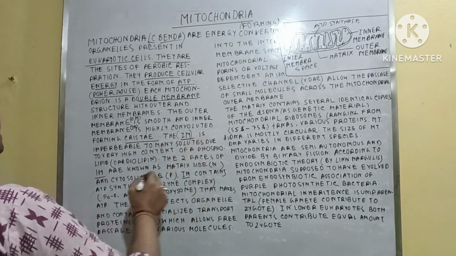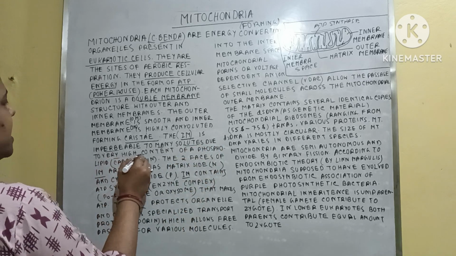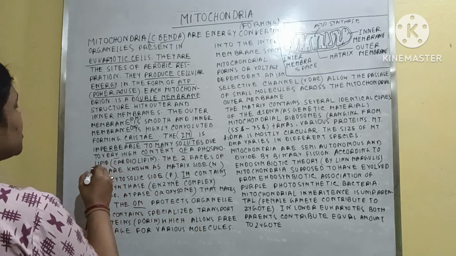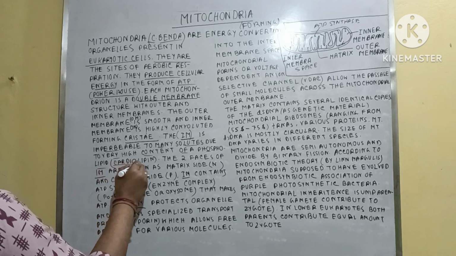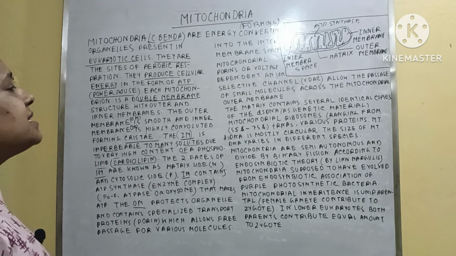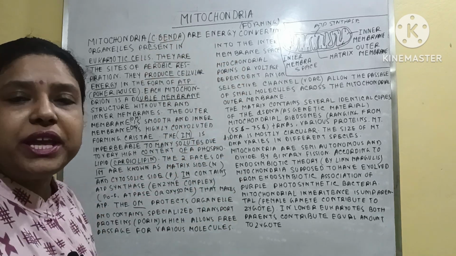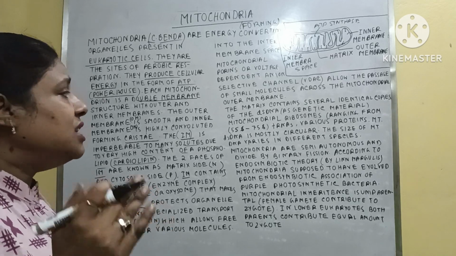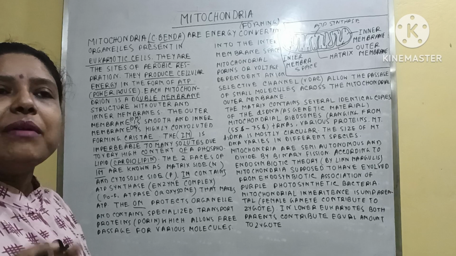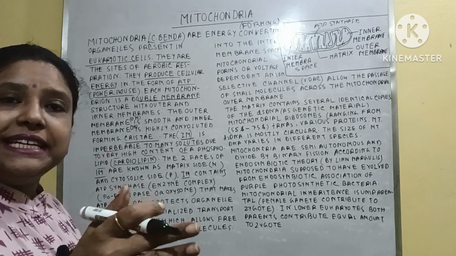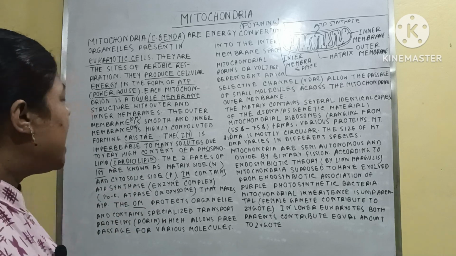The inner membrane is impermeable to many solutes due to a very high content of phospholipid, called cardiolipin. What is being said here is that the inner membranous structure is impermeable to most particles due to the presence of cardiolipin, so not every particle can enter the inner membrane.